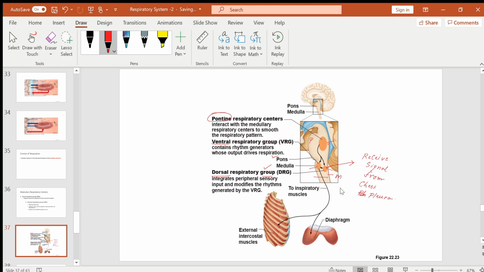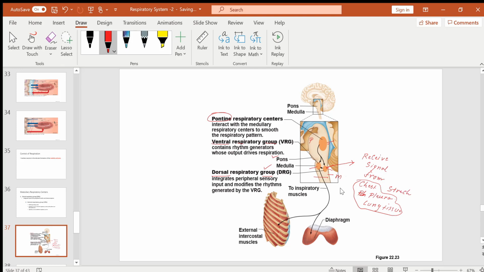Okay, so what kind of signal? The signal is in the chest wall, in the pleura, and in the lung tissue. Everywhere you have stretch receptors. Stretch receptors.